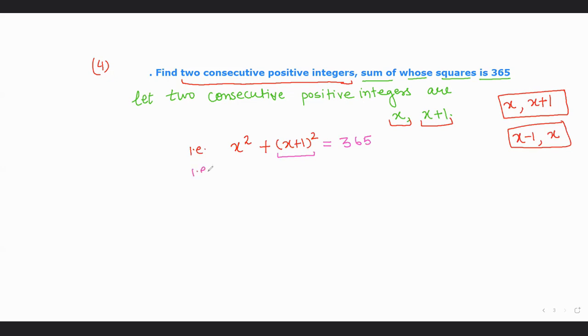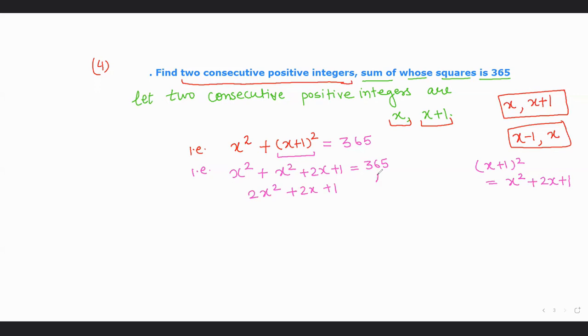Now let us simplify this. If we simplify this, you can see we can apply the formula of x plus 1 square, that is x square plus 2x plus 1. So let us write this one. Now, if we simplify it further, you can see this is 2x square plus 2x plus 1.